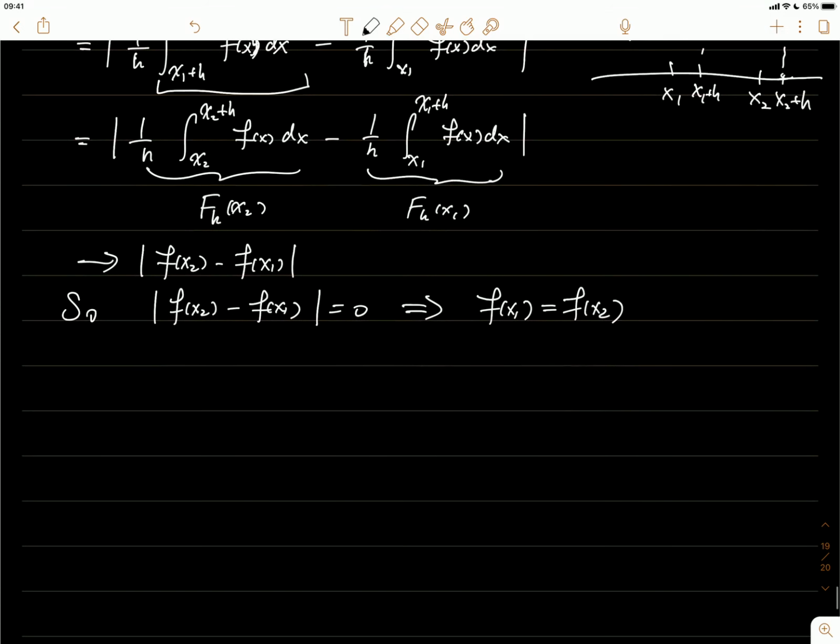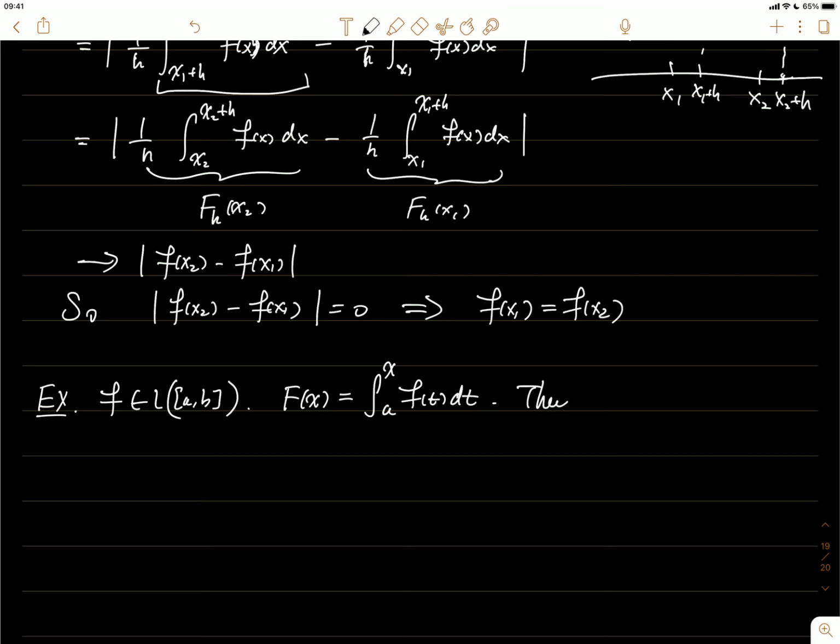Okay, now let's look at more examples. Here I have a function f that is integrable. And then let's consider this F of x, which is the integral of f from a to x, the integral of f of t from a to x.